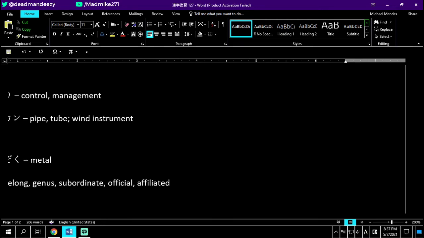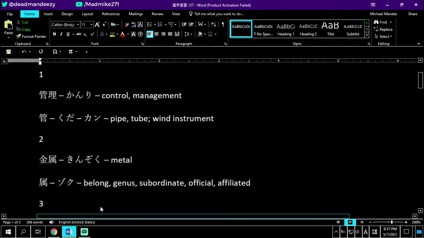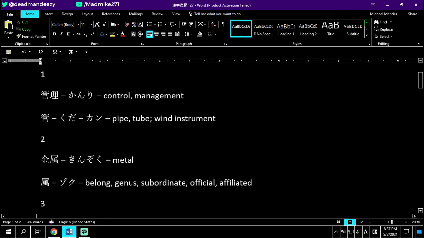The subordinate or affiliated with. Not gonna force memorize that one.